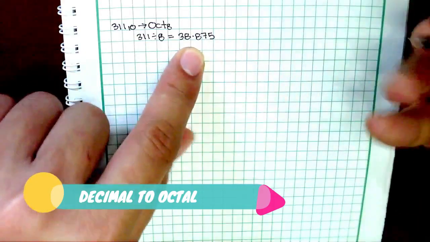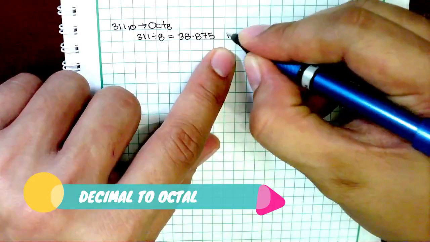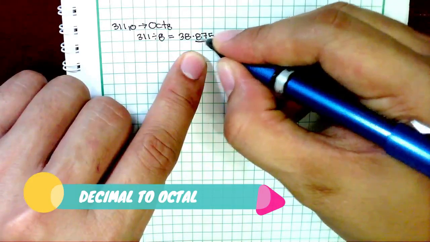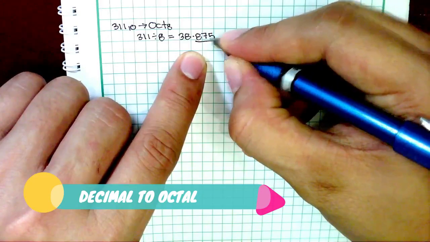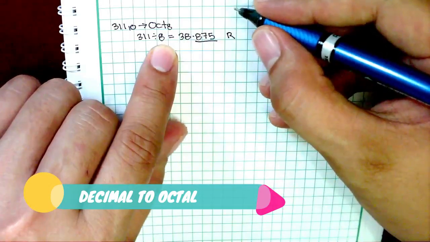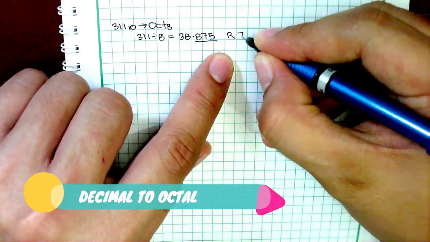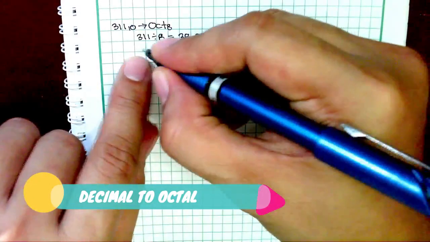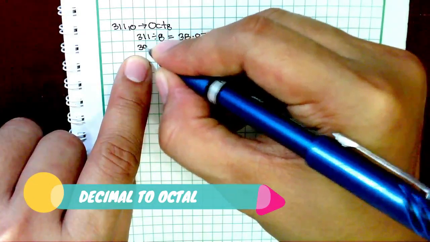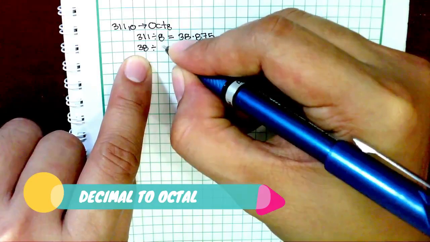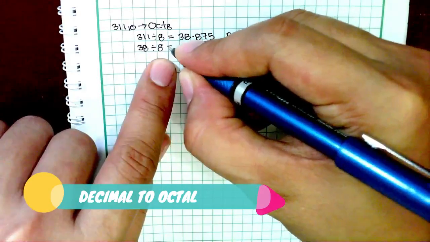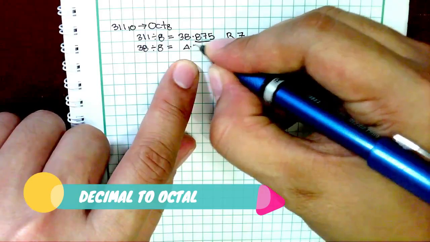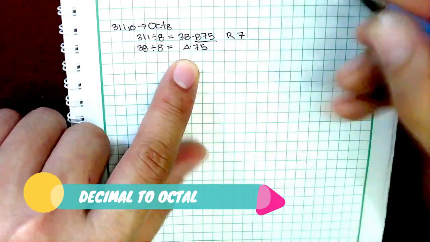Now to determine our remainder, we're going to multiply 0.875 times 8. So our answer would be equal to 7. And then copy the whole number, which is 38. So 38 divided by 8 is equal to 4.75.